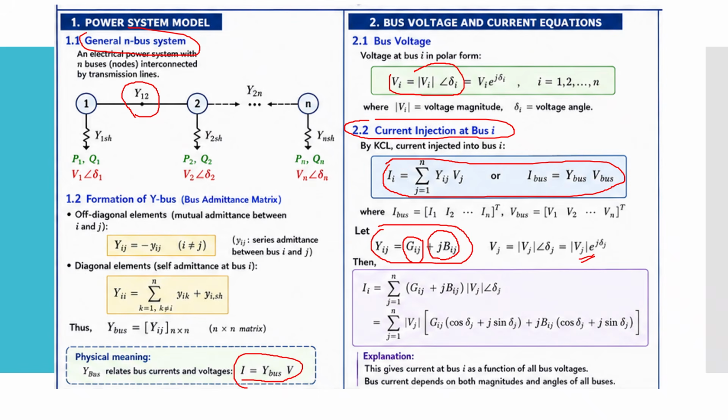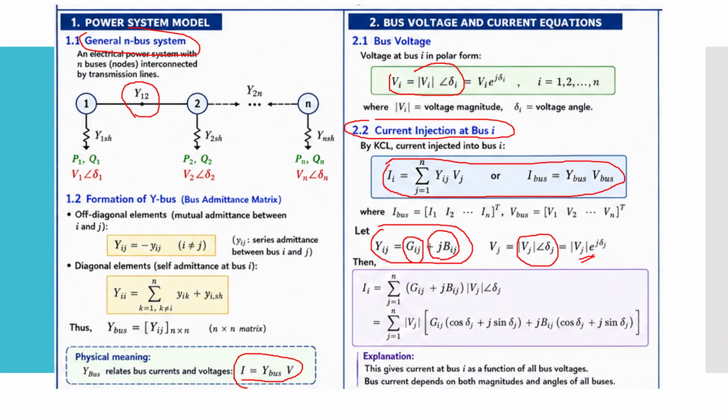In order to represent the total final equation, the current is obtained as Yij times Vj, but Yij can have these two components, the conductance plus susceptance, and then Vj can have this representation, the voltage at angle theta j.